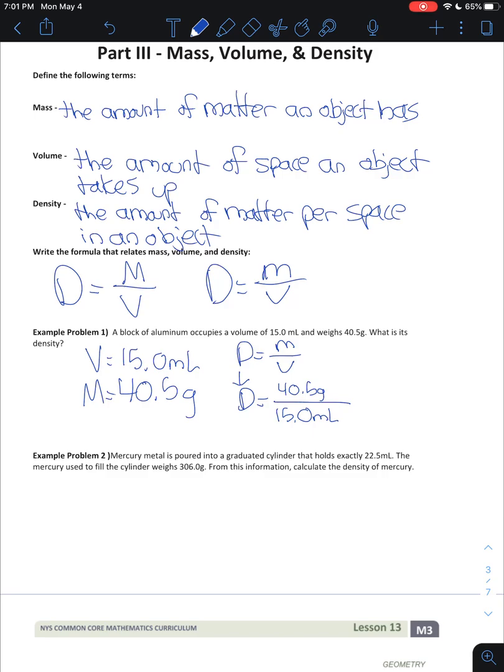So if you take a calculator and just do 40.5 divided by 15, you get 2.7. So density equals 2.7. And if we remember our units here, density is literally going to be grams per milliliter. So that's our final answer over here.